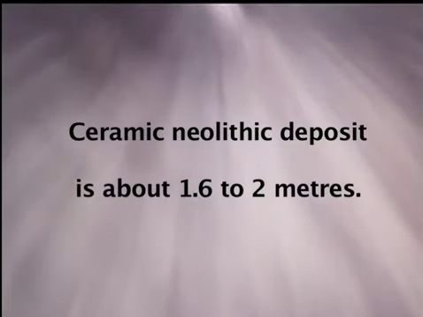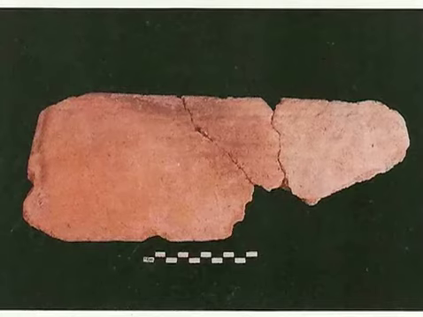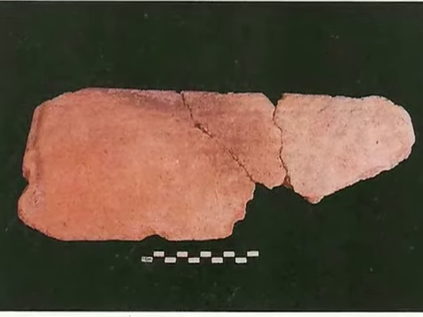The ceramic Neolithic deposit is about 1.6 to 2 meter. 4 floor levels have been found from the ceramic Neolithic period, and from which we can make out that there were houses of mud brick which had existed, and these mud brick houses also had a lot of the material culture deposits. Now, the pottery is basically that typical of the early Neolithic pottery, dull red and grey ware.